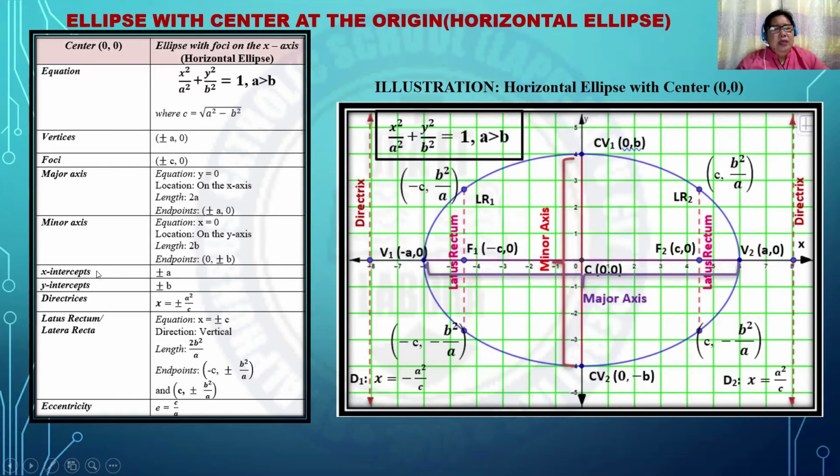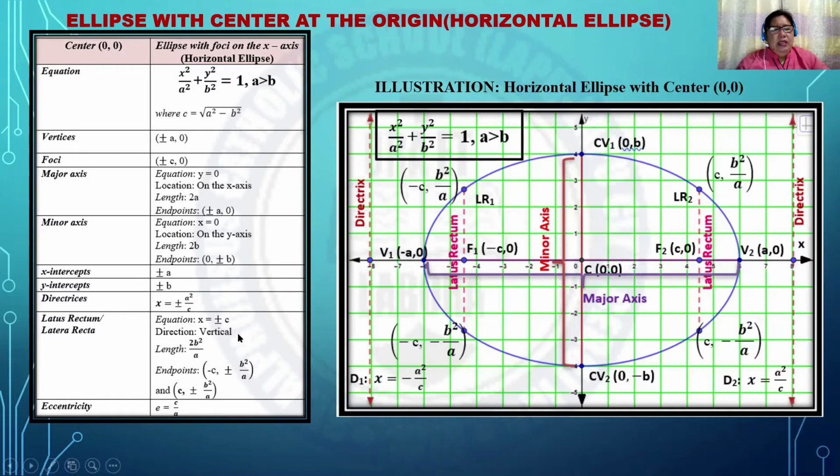For the x-intercepts, we have positive and negative a. For the y-intercepts, we have positive and negative b. For directrices, the equation is x is equal to positive or negative a squared over c. The latus rectum, or in plural form, latera recta, the equation is x is equal to positive or negative c.